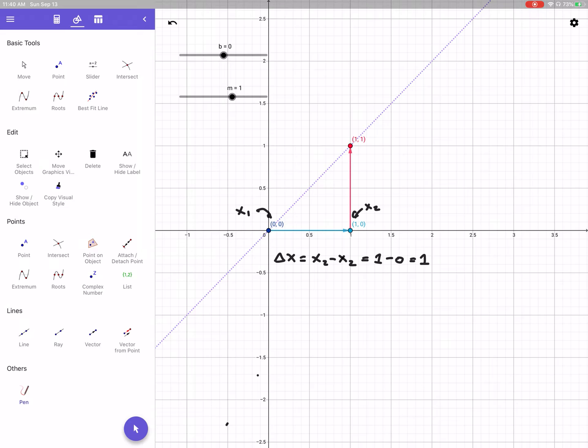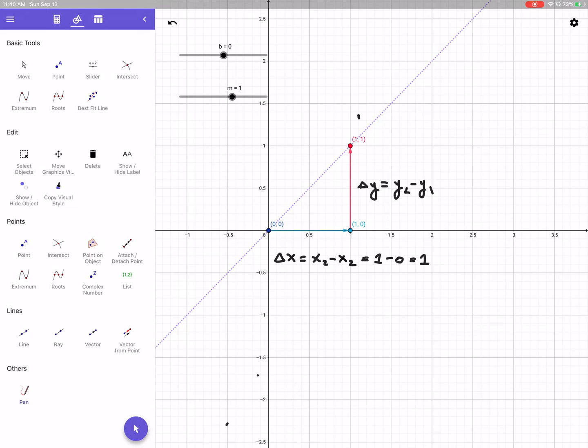Now, I'm going to delete a couple things here real quick, just to clarify. And now what I'm going to do is look at this change in heights right here. I'm going to call it delta y. And now I'm just looking for a difference between two different y values.